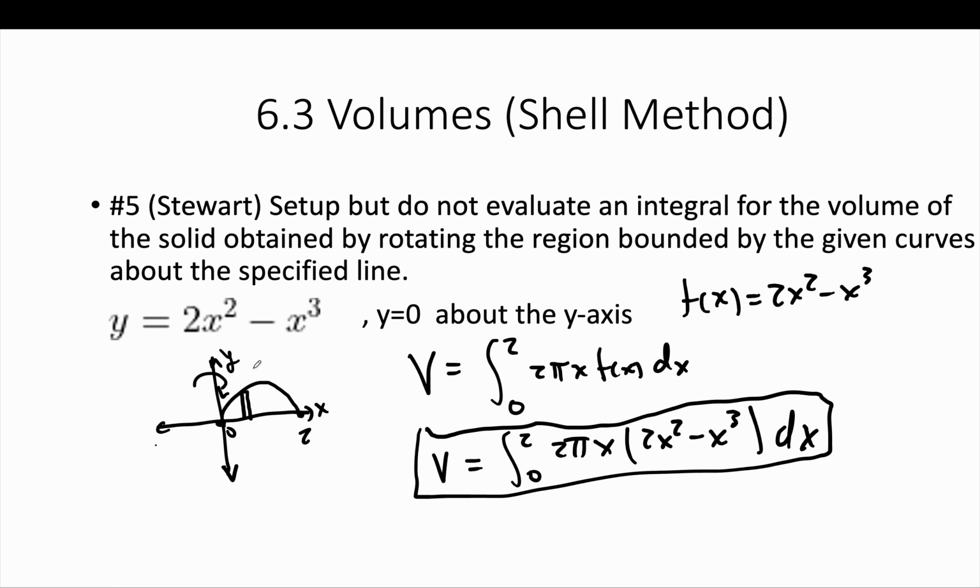And we can use some software to generate different 3D models or 3D pictures, if you will, of whatever we have here. So this is just a first example of what we need to do in order to find the volume of the solid of revolution.